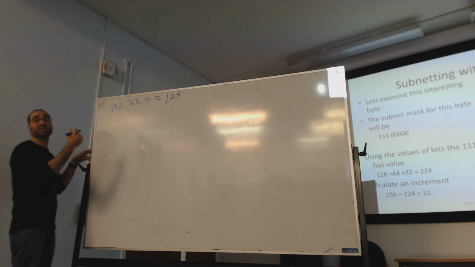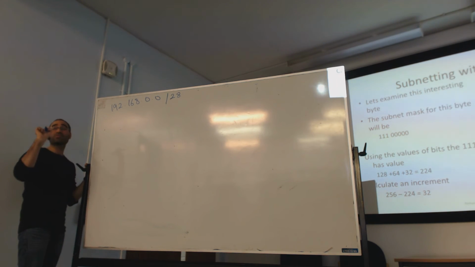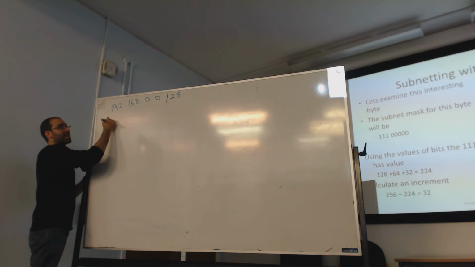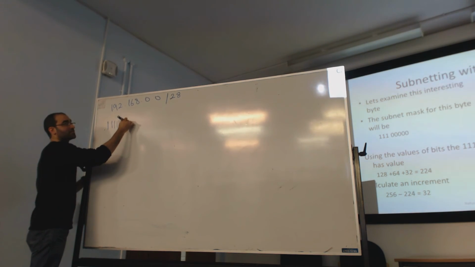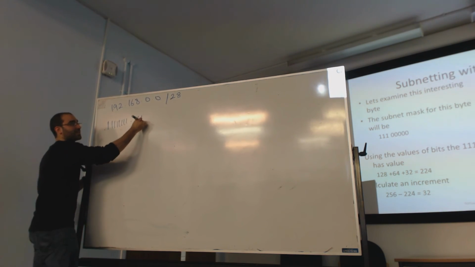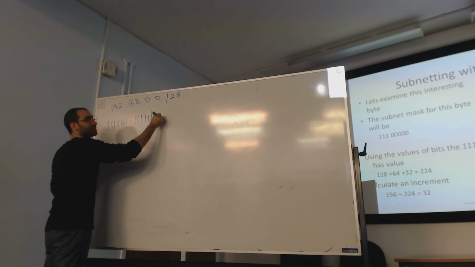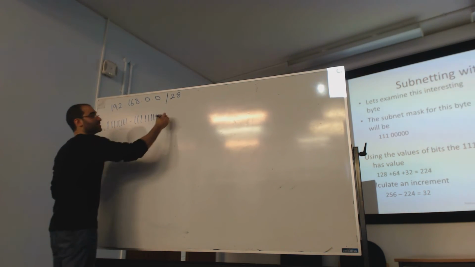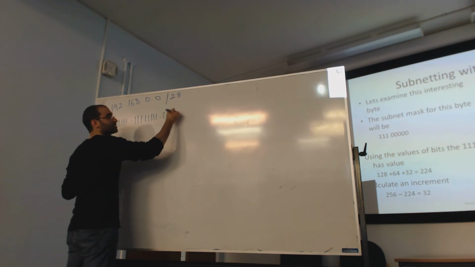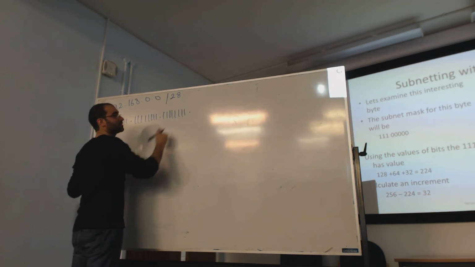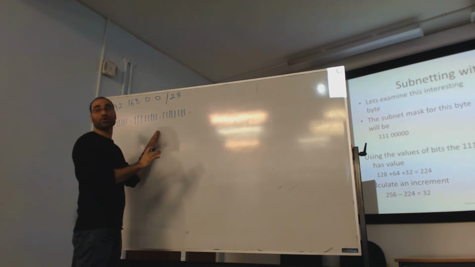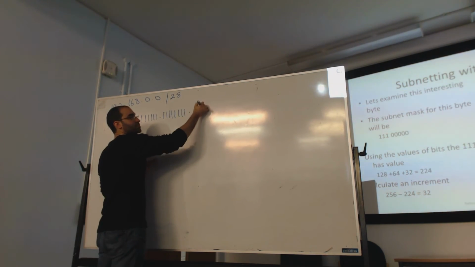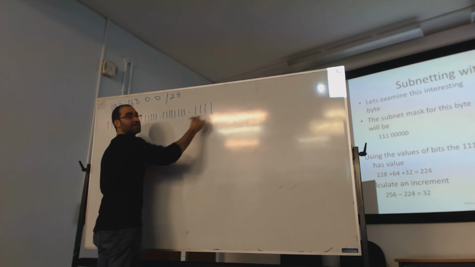How do I do a subnet mask? We said we look at the number of ones inside that address. So /28 means 28 ones out of the 32. That's 8 ones in the first byte, 8 in the second, that's 16, 8 in the third, that's 24, then 25, 26, 27, 28.